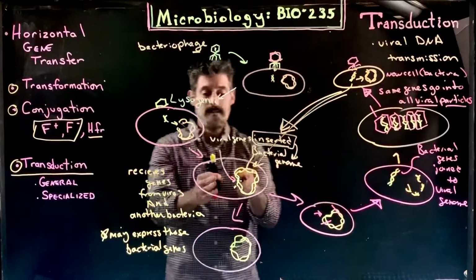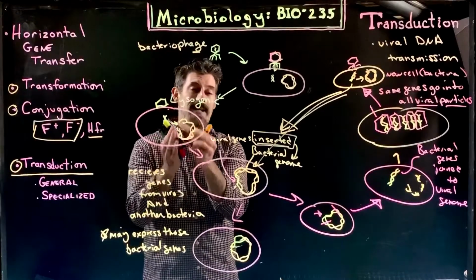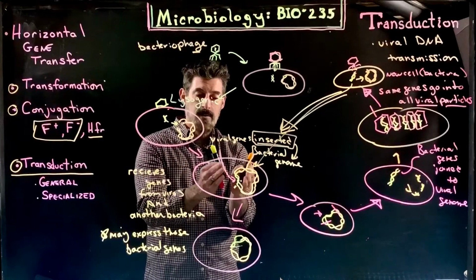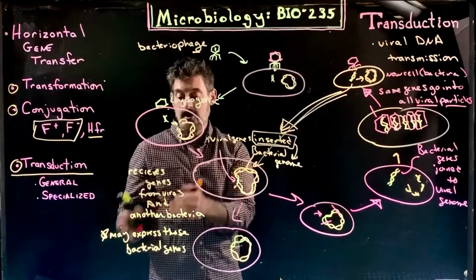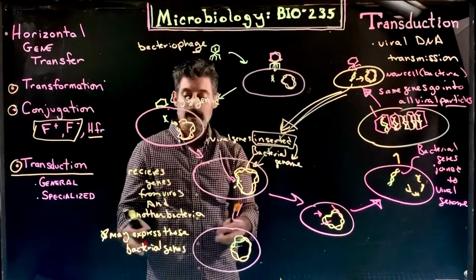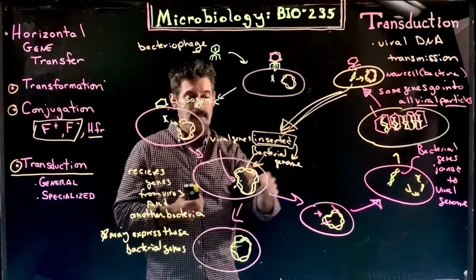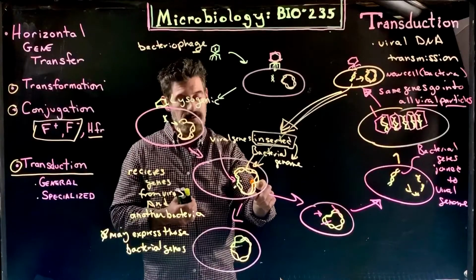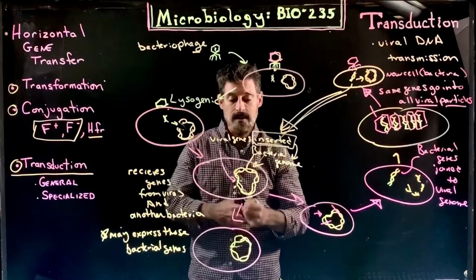And because of the process, this lysogenic process, where the DNA is inserted into the host's chromosome, that chromosome could then be read, and those genes from the other bacteria can be read, and they can be expressed. So then we add to the genetic diversity of this infected bacteria as it's just going about its business, doing DNA replication, doing gene expression.